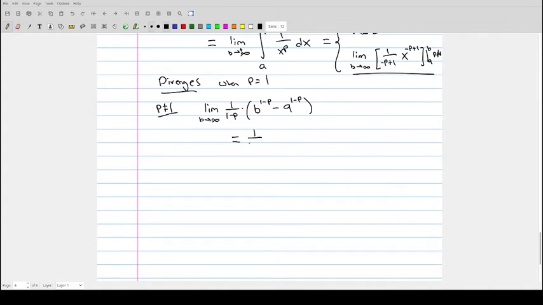Or this is 1 over 1 minus p times the limit as b goes to infinity of b to the 1 minus p minus, and the limit as b goes to infinity of a to the 1 minus p is just a to the 1 minus p, because it doesn't depend on that b at all.